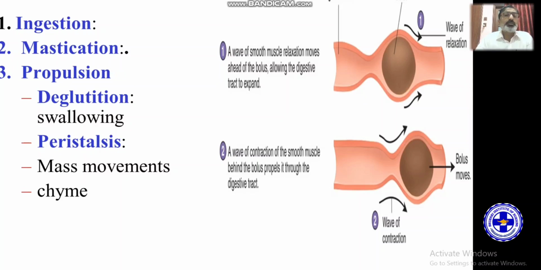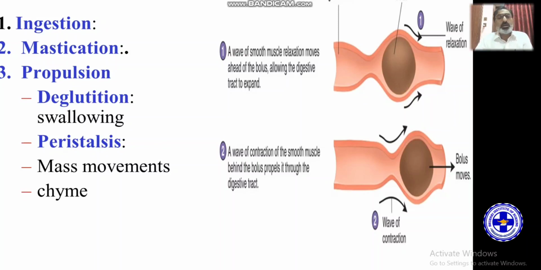Always food is propelled by the action of the movements of the digestive system. This propulsion is performed after deglutition. After mastication, we swallow the bolus, and propulsion starts with peristalsis movements.